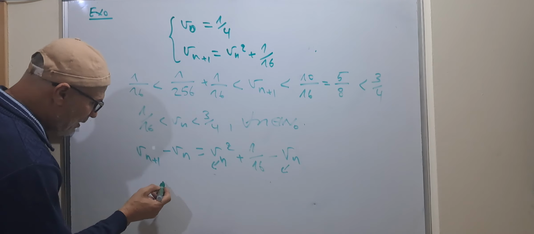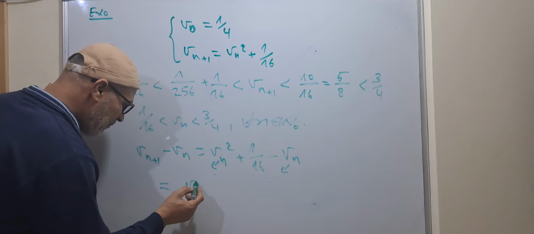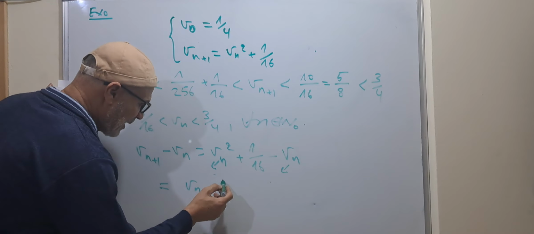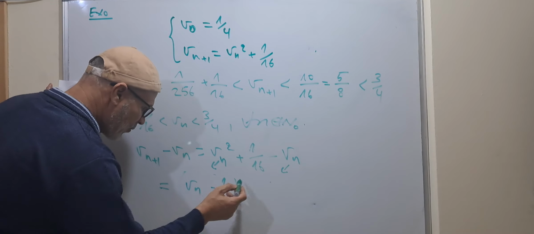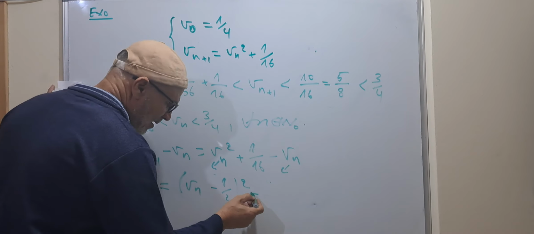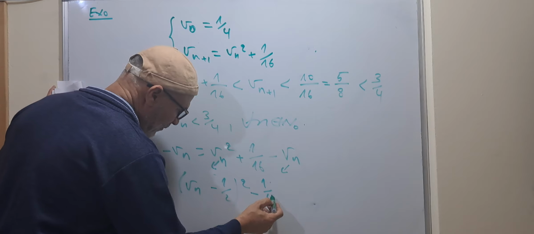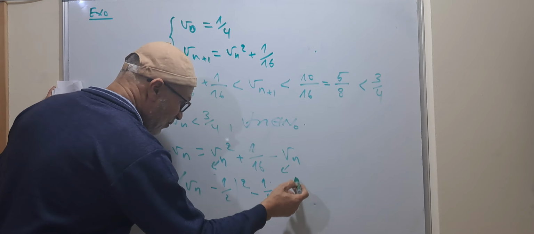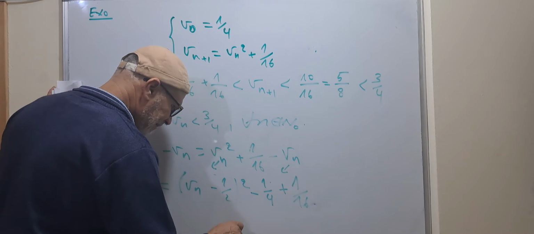Here we have Vn minus 1 over 2 square minus 1 over 4 plus 1 over 16.